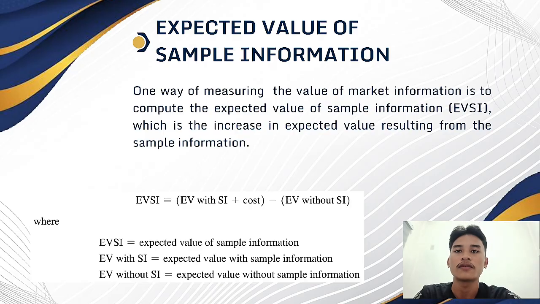So we have here the formula: EVSI is equal to EV with SI plus cost minus EV without SI. EVSI is the expected value of sample information, EV with SI is the expected value with sample information, and EV without SI is the expected value without sample information.